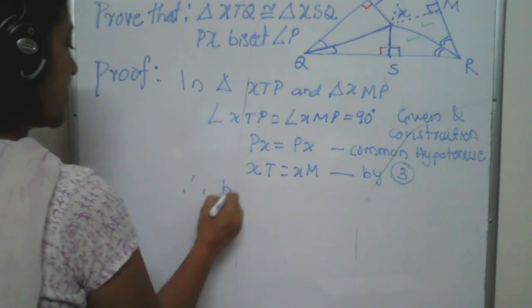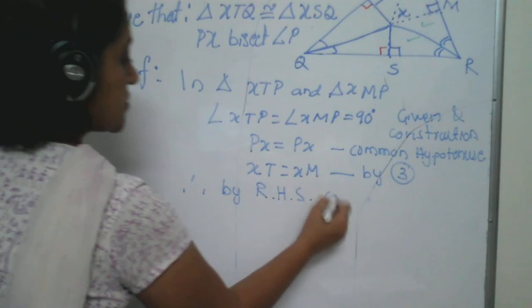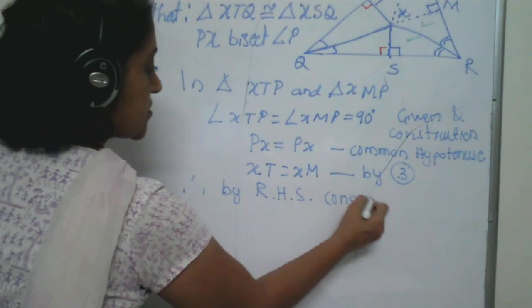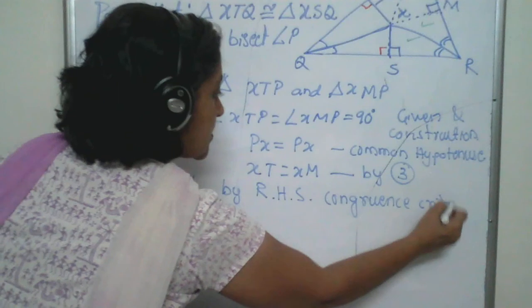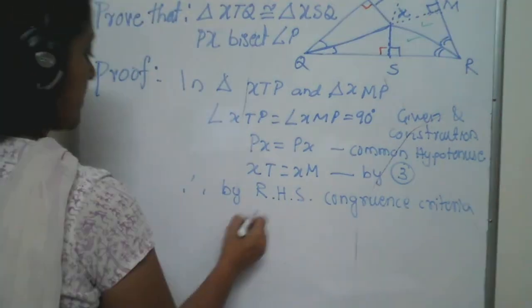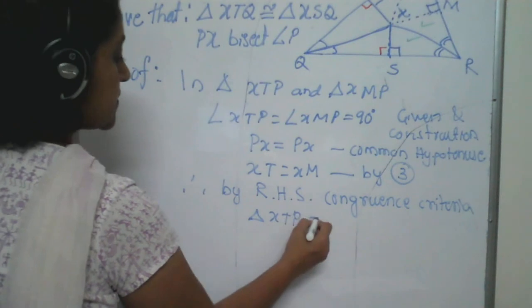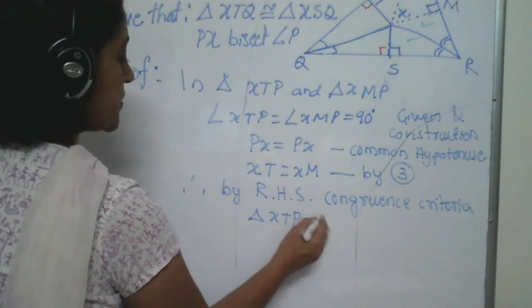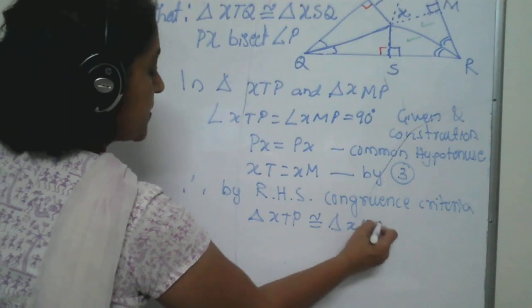Therefore, by RHS congruence criteria, triangle XTP is congruent to triangle XMP.